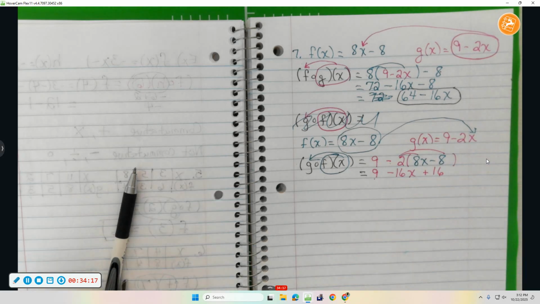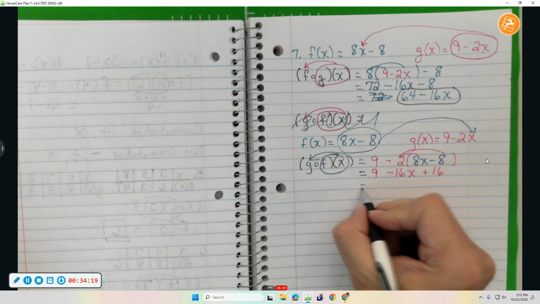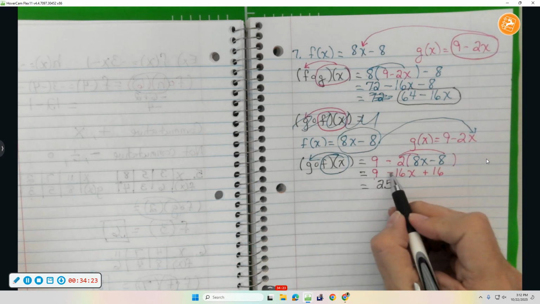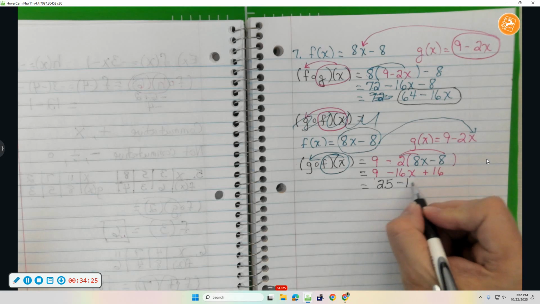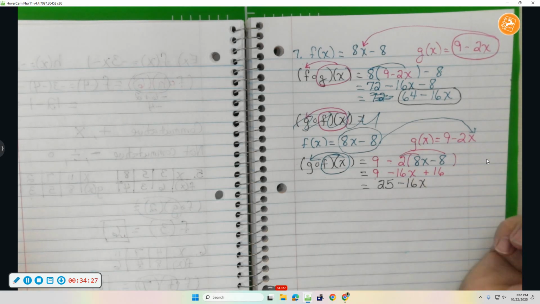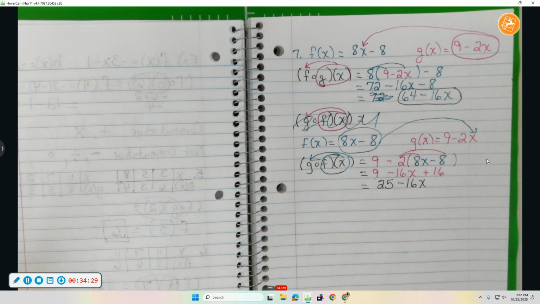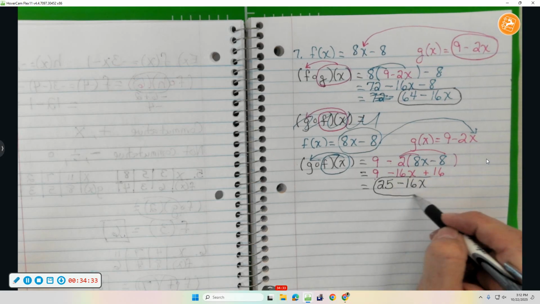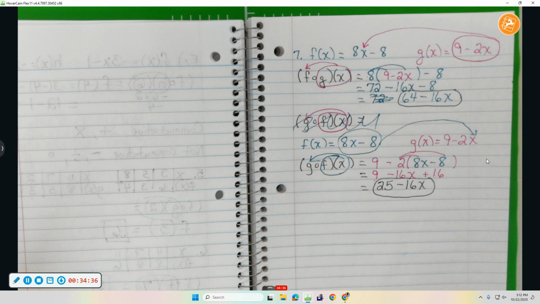What can we combine now? 9 plus 16, which gives me 25 minus the 16x. If you want to write negative 16x plus 25, that is fine. My lab would take it either way. Any questions there?